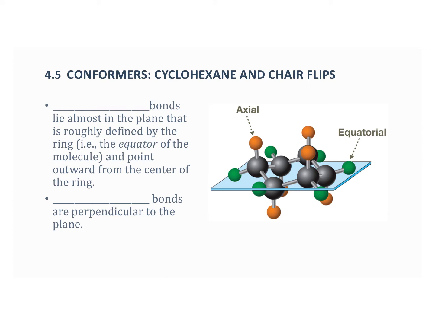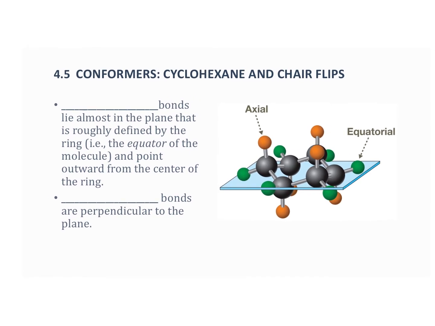And so when we look at this image, here's a plane shown in blue. This is pointing up, and that's pointing down, okay? And I want you to notice that the carbons alternate up, down, up, down, up, down, okay? So we're alternating positions here. This is a chair conformation, okay?